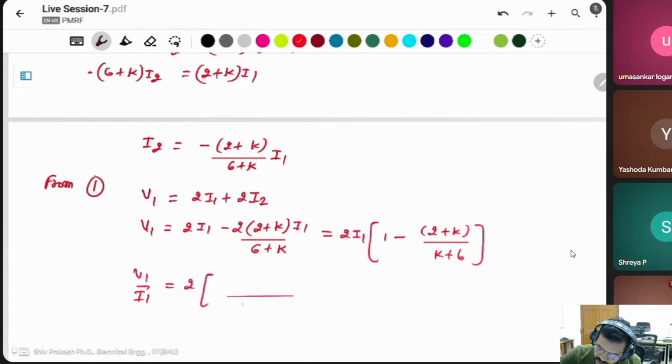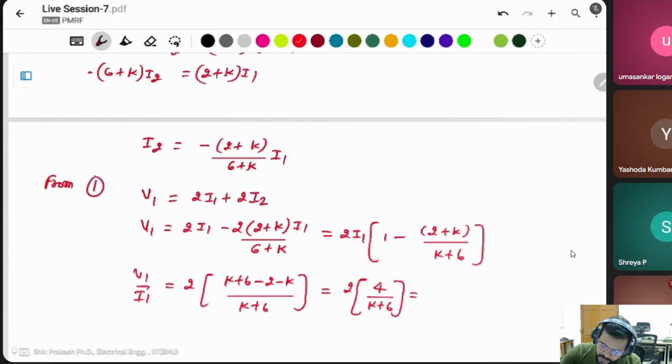LCM of this one is equal to K plus 6. This will be K plus 6 minus of 2 minus of K is equal to 2. K will be cancelled out. This will be 4 by K plus 6.